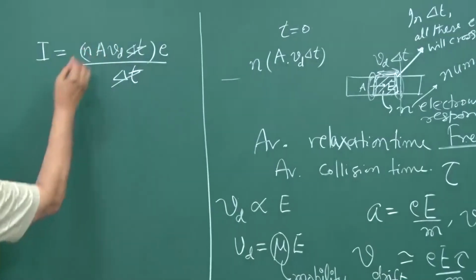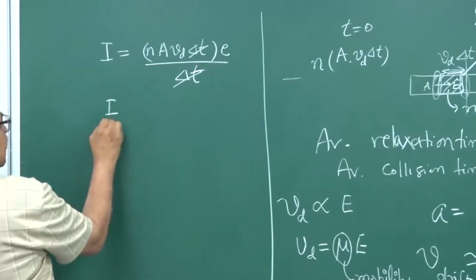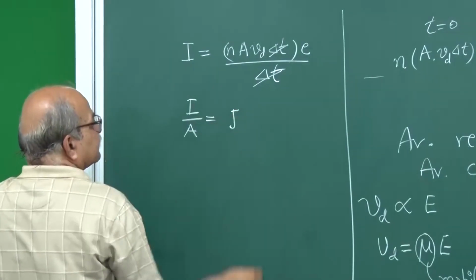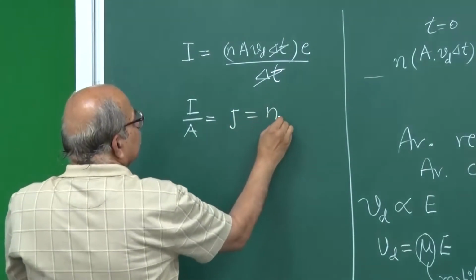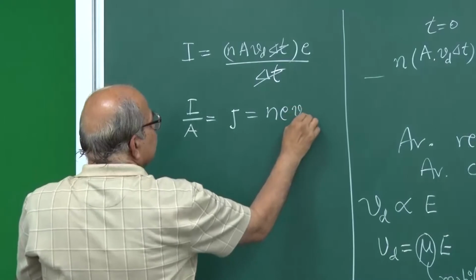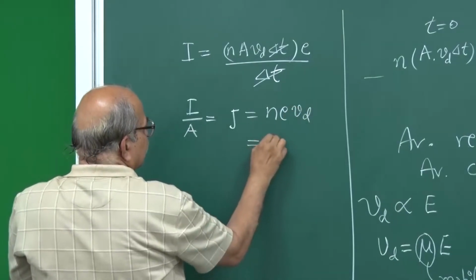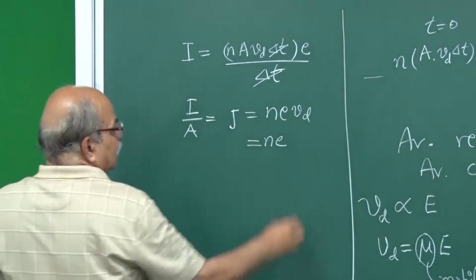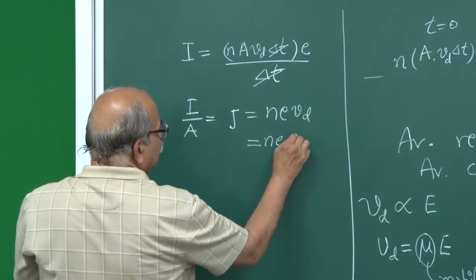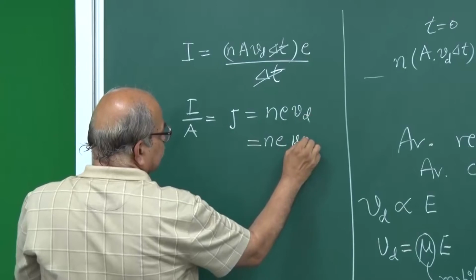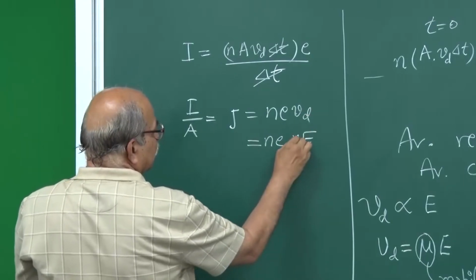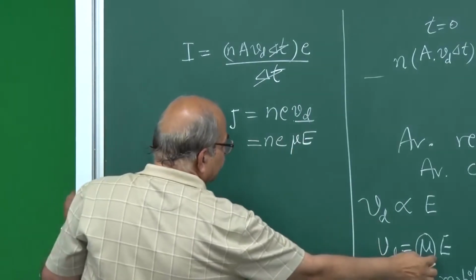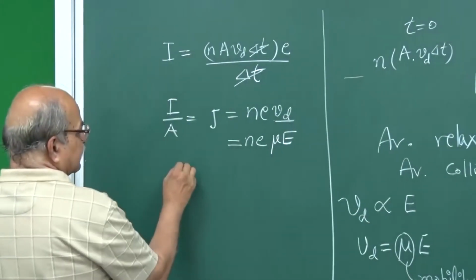And if you divide by this A also, then this is I by A, which is known as current density J. That is equal to N times E times Vd, and Vd is drift velocity, mu times E, where mu is the mobility.